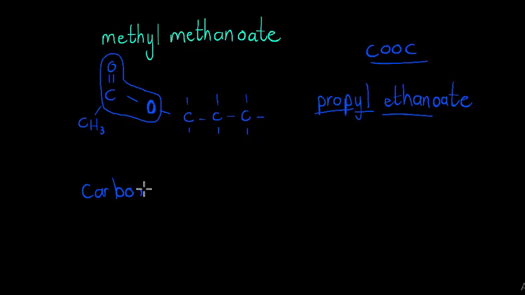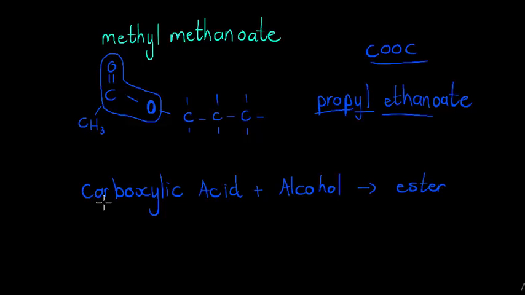The way we prepare an ester is by taking a carboxylic acid and adding an alcohol, and this would produce an ester. The carboxylic acid is literally the basis of this name. The alcohol is the branch.